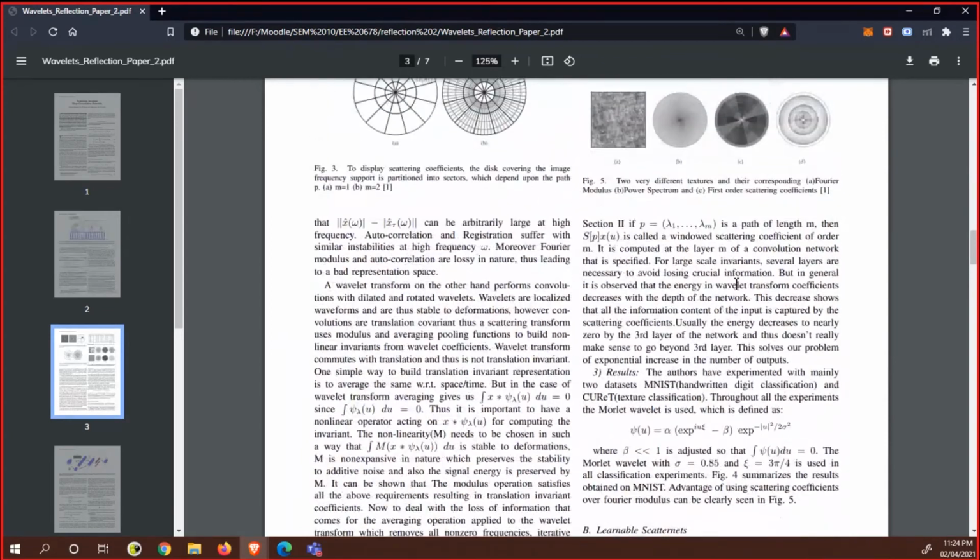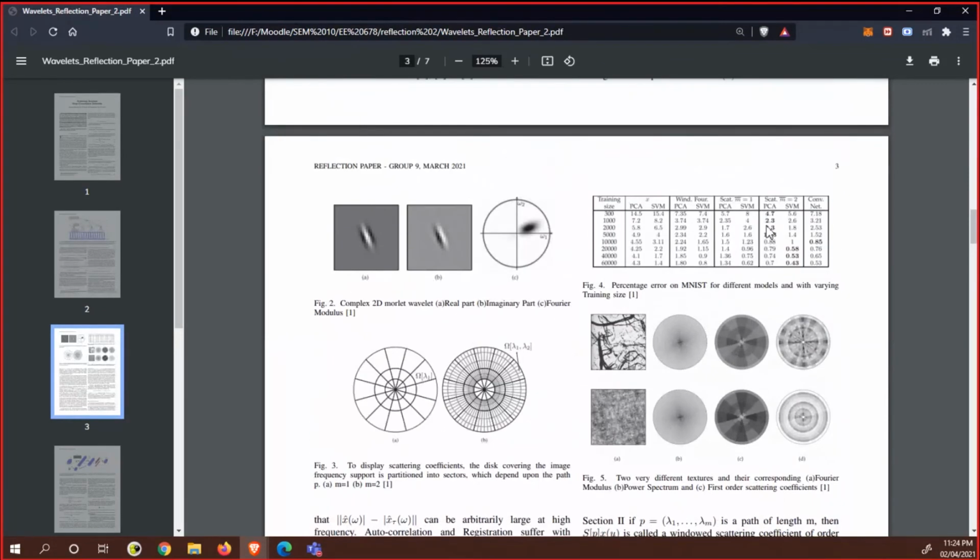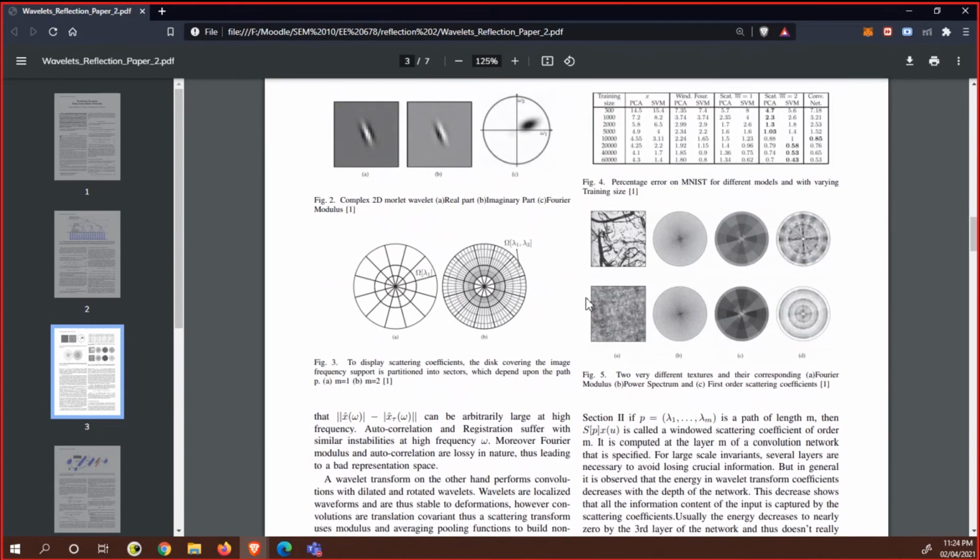Moving on to the results, the important thing to see here is that it gets state of the art results on almost all the training sizes that we use, among all the different models that are compared. Also, here we have two different textures, this one for the MNIST dataset and this for the Curate dataset. The first one is the Fourier modulus, and these are quite similar.